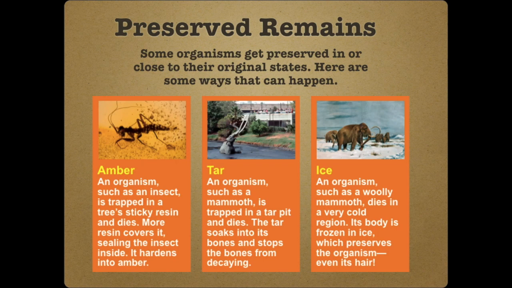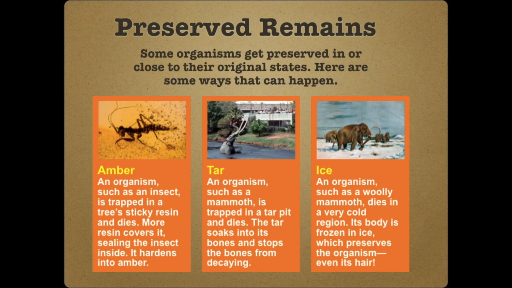There are 3 ways in which we can have preserved remains of once living organisms without it turning into an actual mineral fossil. We can actually have flesh or fur. These things can be solidified and saved. These things can preserve DNA. One is amber. Amber is actually tree sap that is fossilized.